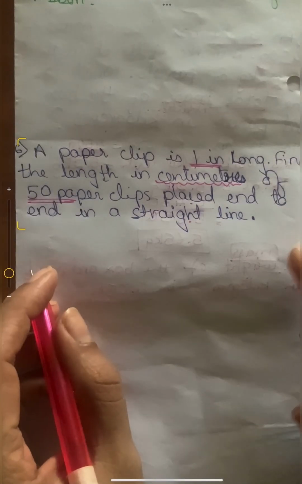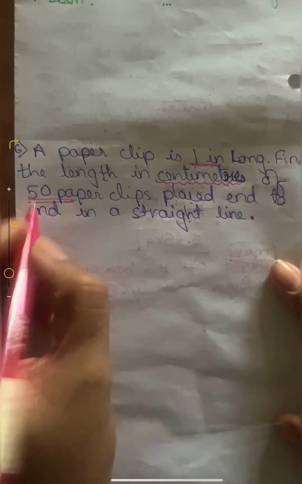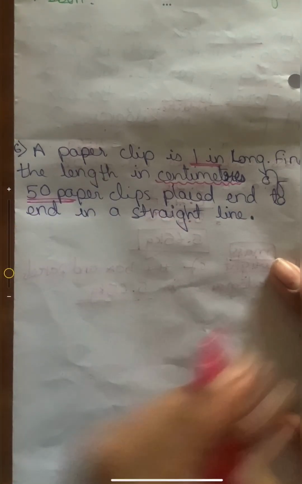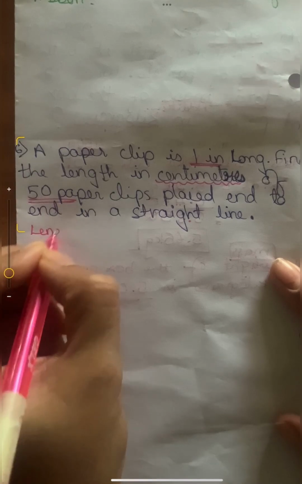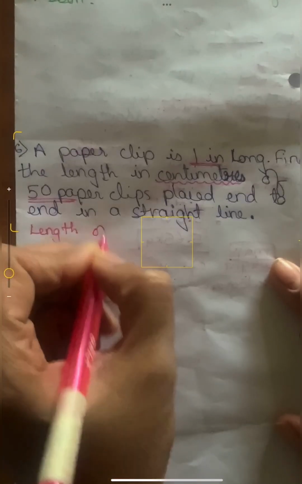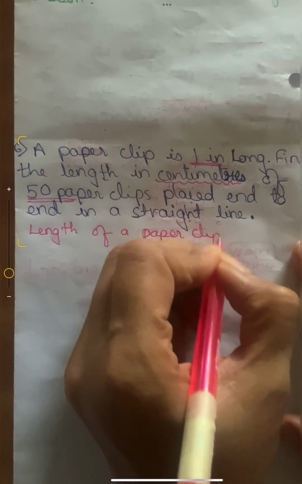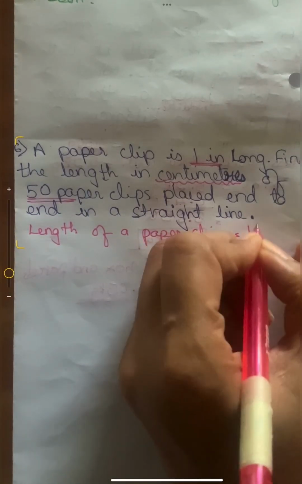The first statement we can form is the length of a paper clip. Again, because it is a unit of length, I will start with length. Length of a paper clip is 1 inch.